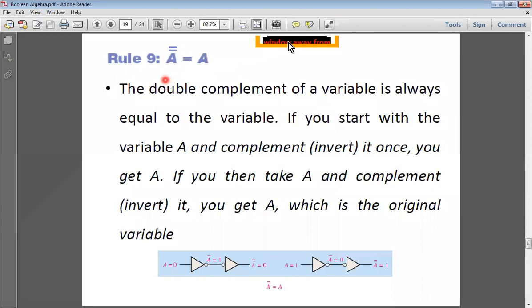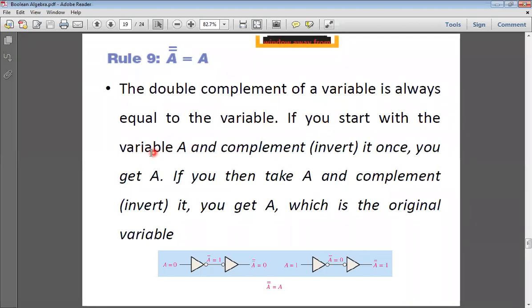And rule 9 says, A double complement is equal to A. The double complement of a variable is always equal to the variable.